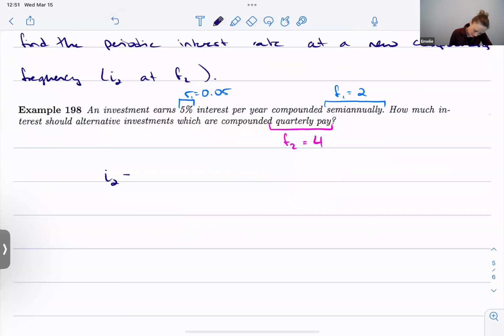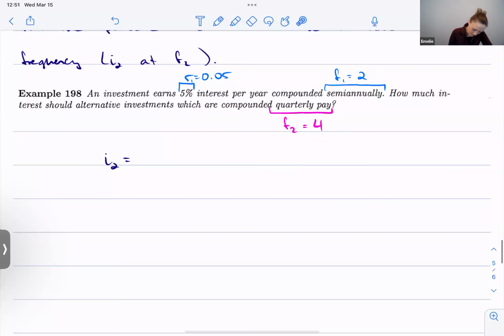We want to solve for R2, but just like before, we need to first solve for I2. I2 is 1 plus I1, that is R1 over F1, to the power of F1 divided by F2, then minus 1.